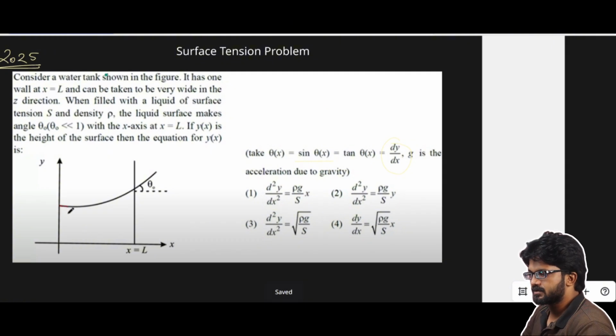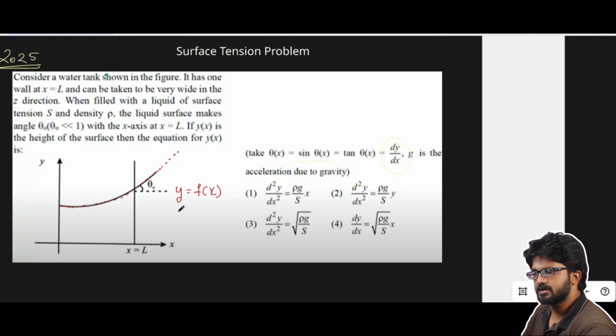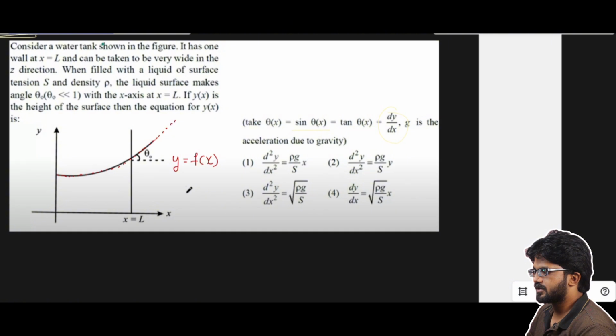If we see, this surface is shown as a curvature, and it can be any equation. So we can take that y is equal to f(x), right? Primarily y equal to f(x) can be taken as any surface equation. To find the slope of any curve, we can just differentiate it.